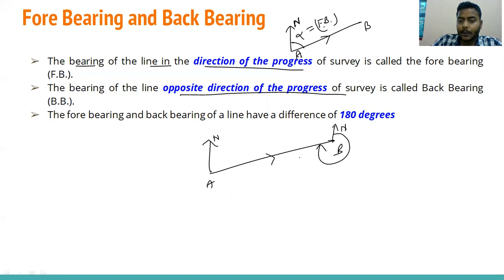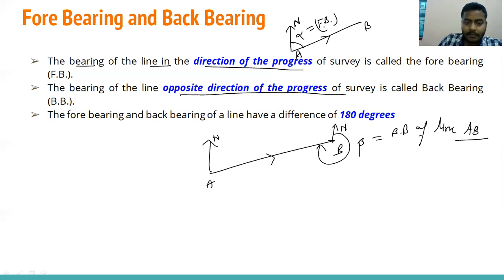Progress of survey is A to B, but we have to go for the opposite, B to A. Suppose this angle is beta. So here beta is called the back bearing of line AB.